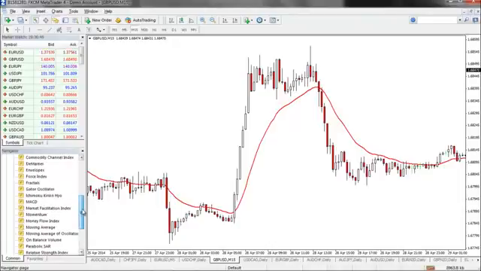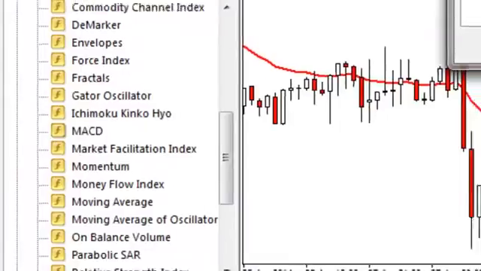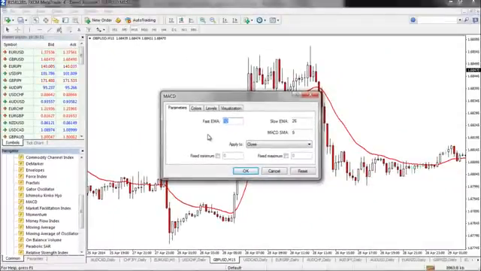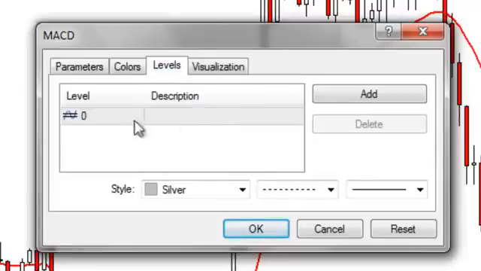Now let's put the other indicator, which is the MACD indicator, and the settings for the MACD indicator are the default settings. So the settings are fast EMA is 12, slow EMA is 26, MACD SMA is 9, apply to close, and you can have the default level, which is normally the 0 level here.